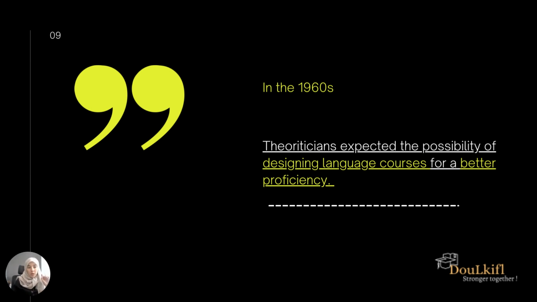So this is one of the aims of CAH, to design language courses for a better proficiency. They wanted to make use of the findings of those theoretical procedures to design language courses that will help the learners reach a certain level of proficiency.